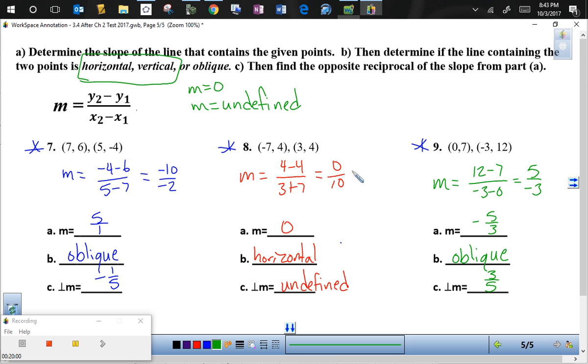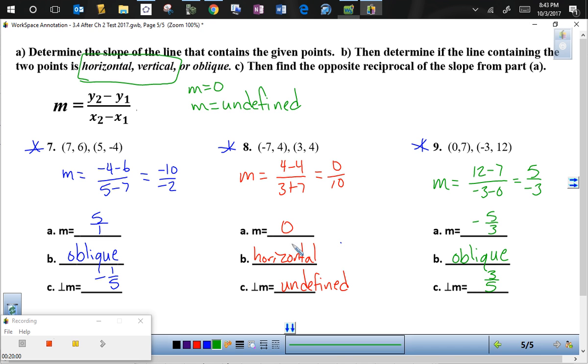Don't leave it as 0 divided by 10. Just like we can reduce this, 0 divided by 10 is 0. It's like trying to split 0 10 different ways. Well, if you have no money and try to give it to 10 people, you can do it, but they're not going to get anything. So you can divide it 10 ways. Everybody gets 0. So that works out for us.